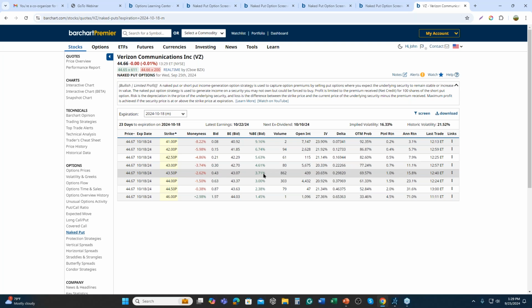In other words, our percent bid or our moneyness, right? That brings me more risk that price could fall, and I might have to take ownership of this particular stock.